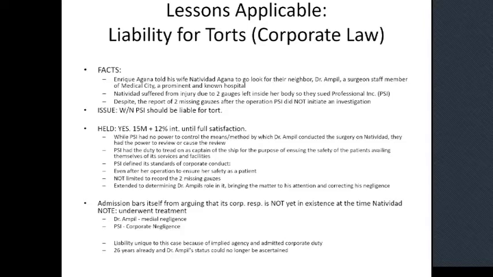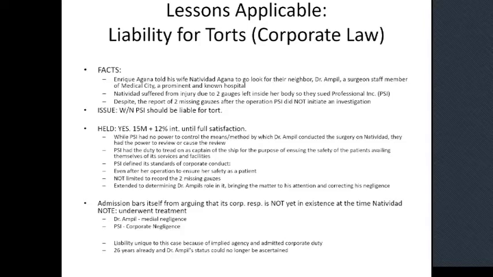Enrique Agana told his wife, Natividad Agana, to go look for the neighbor, Dr. Ampil. So Dr. Ampil was a surgeon of Medical City, which we know was a big chain of hospitals in Metro Manila. It's a prominent and known hospital.